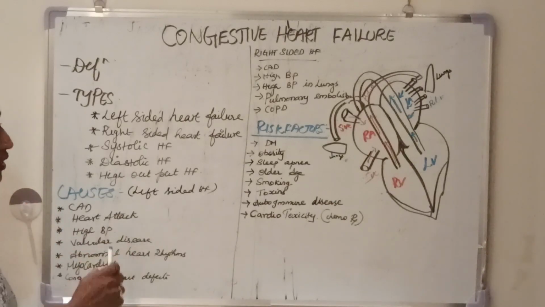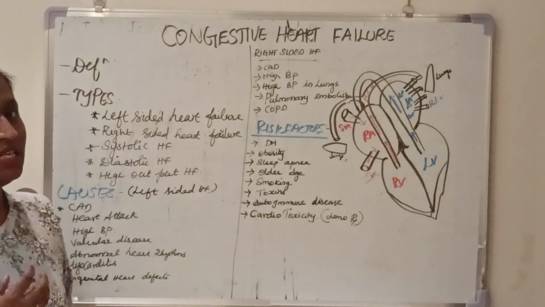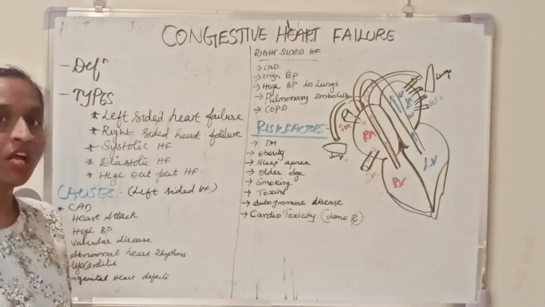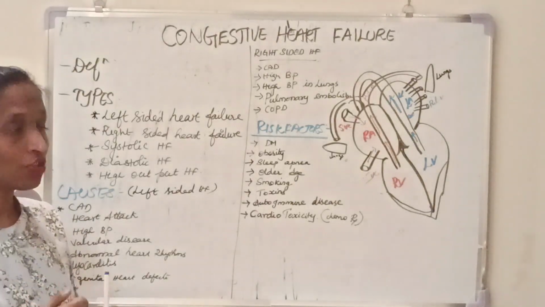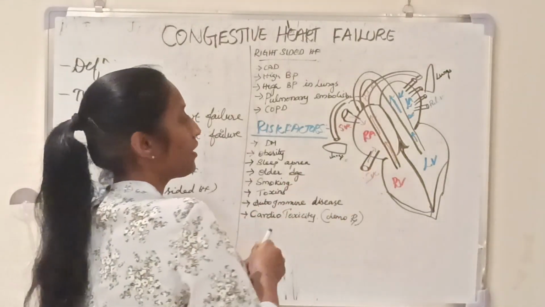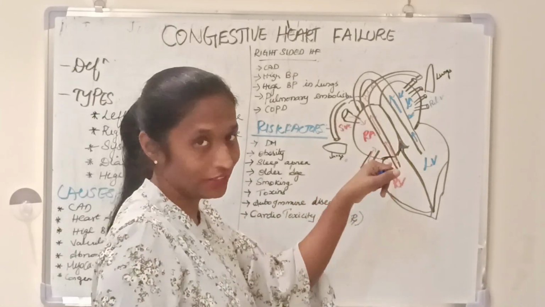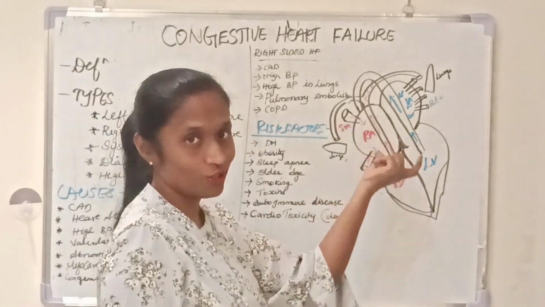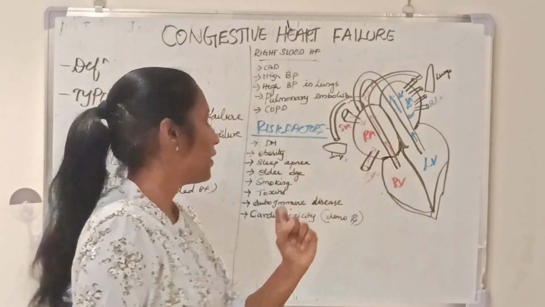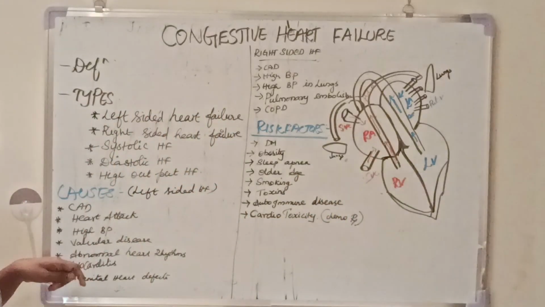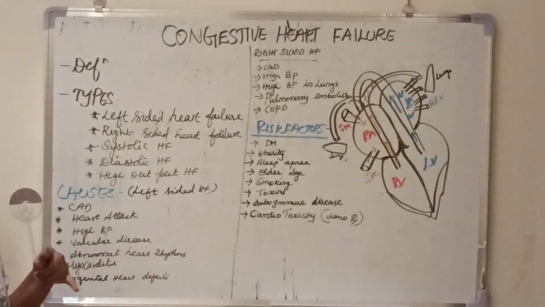And then valvular disease. The valves of the heart, the tricuspid valve or a semilunar valve, get defective. So what will happen? The closing and opening of the valve gets difficult, so the pumping of the blood also gets difficult. Understand? Valvular disease. And then abnormal heart rhythm.